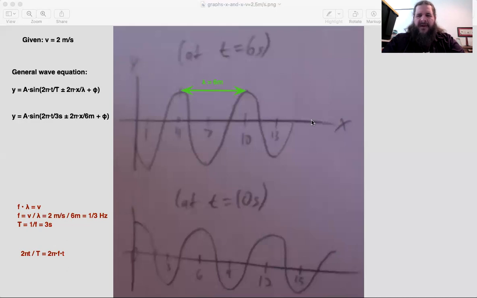For instance, this top x graph is at t equals 6 seconds. So we look for t equals 6 seconds on the other graph. But in this case, the other graph doesn't have t equals 6 seconds. It's an x graph, shows all x values, but only shows one time value, 10 seconds. And since the 6 seconds and the 10 seconds don't match, there is no point in common here.